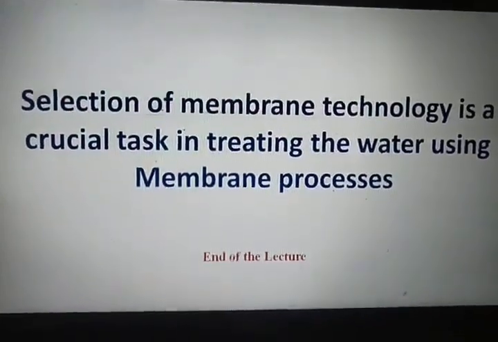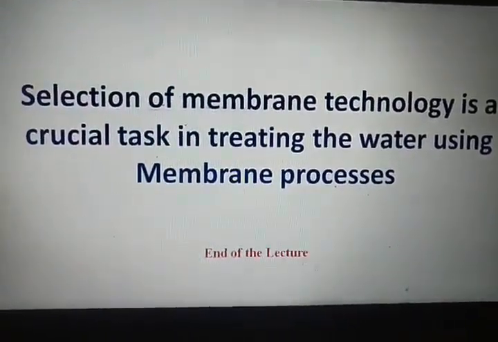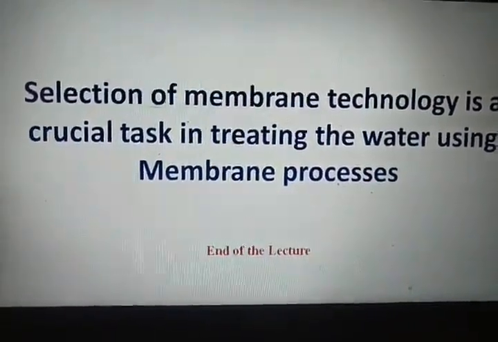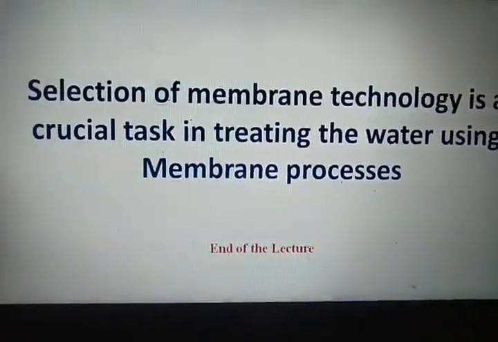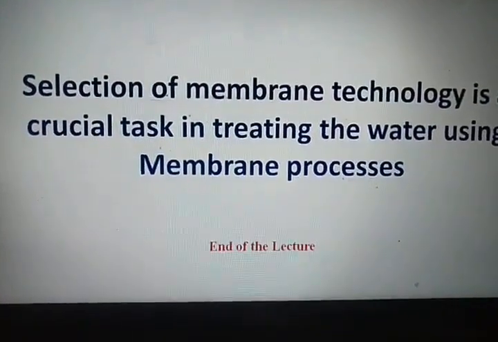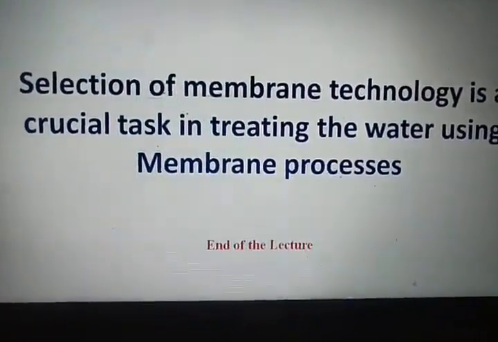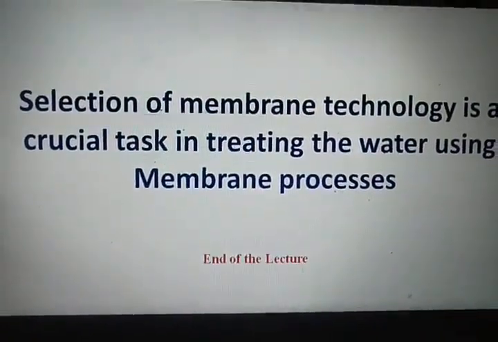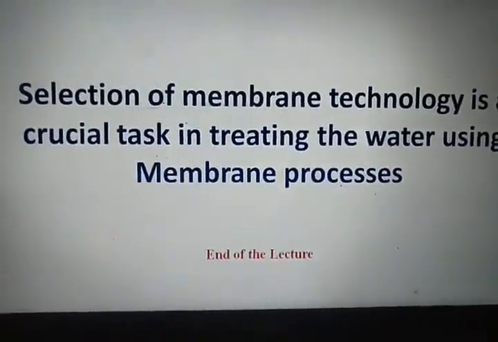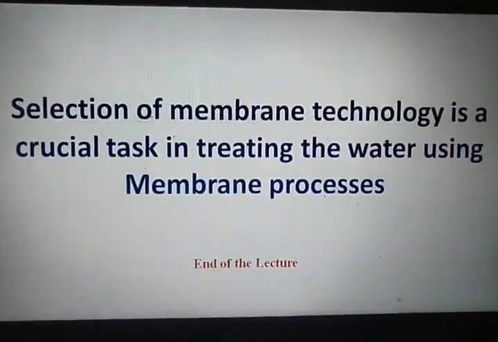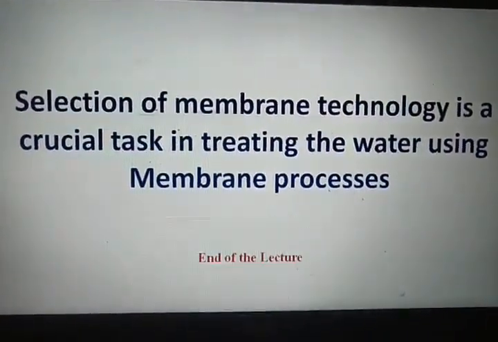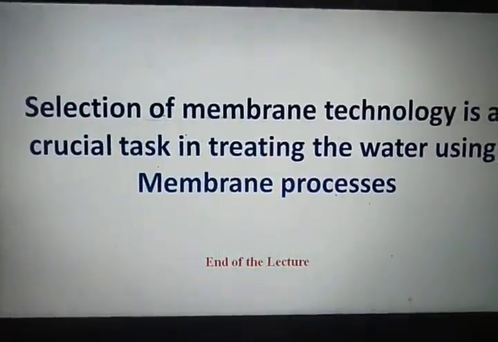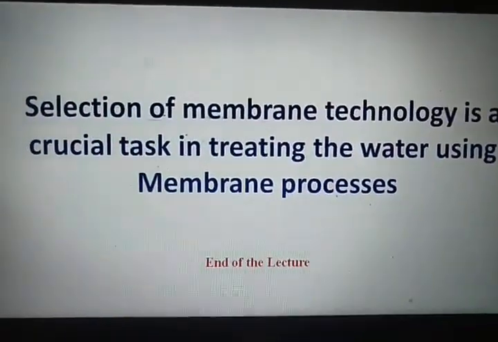That means what kind of membrane you should select and how to treat the water, what should be the pressure and operating conditions, how to avoid scaling, how to increase the membrane life, and it all depends on different parameters like influent water quality, the concentrate, the permeate, etc. Hence it comes by experience and proper judgment to select the appropriate membrane technology in the treatment of water. So this completes the membrane processes.